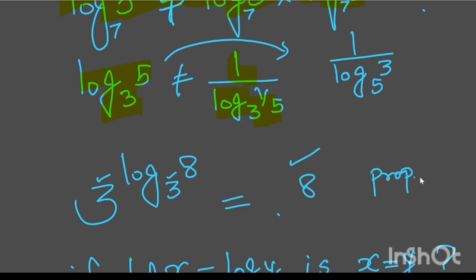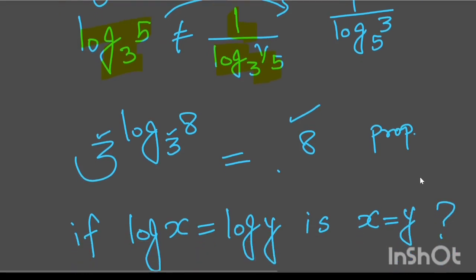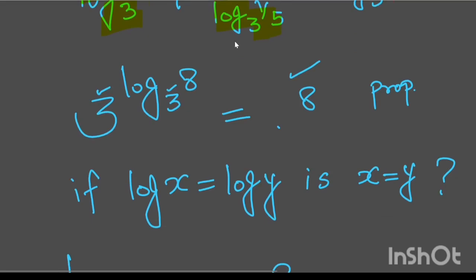So in order to go further in logarithms and to do problems related to logarithms, we need to have a good grasp and understanding of the laws of logarithms. Again, one more example: if log x equals log y, can we say that x equals y?